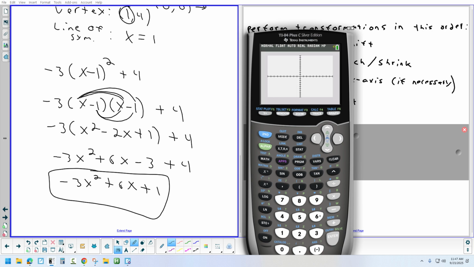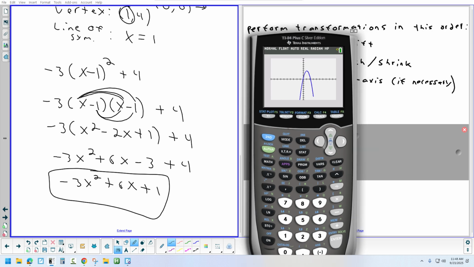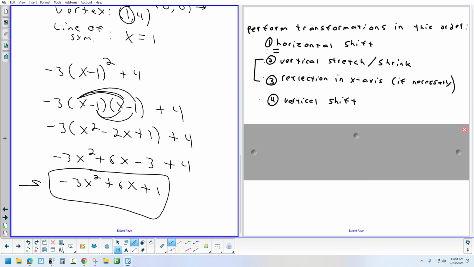Okay, so let's graph them and see how they both look. There's the first one. There's the second one. So how do they compare to each other? They're the same. Okay. This is exactly the same as that.